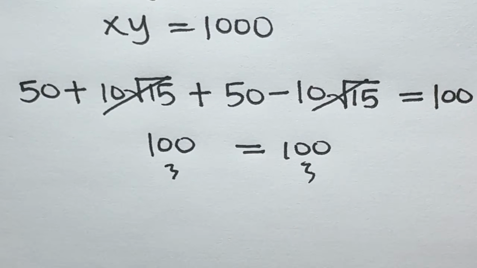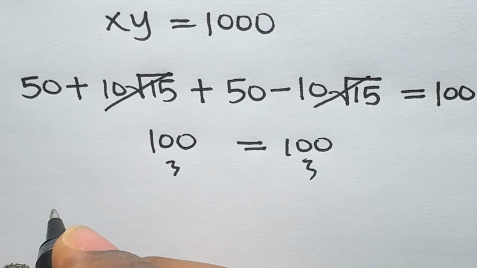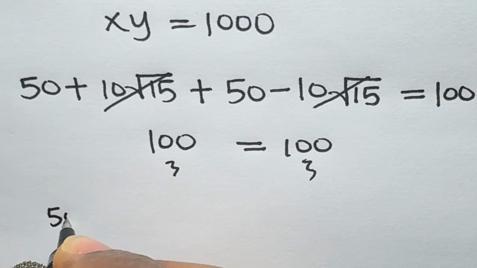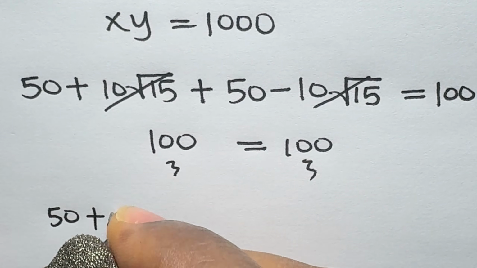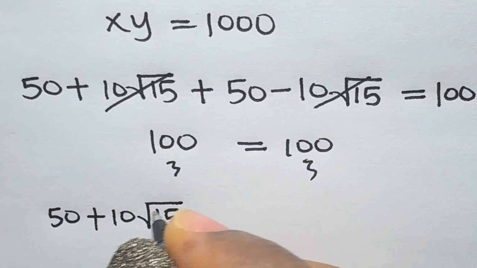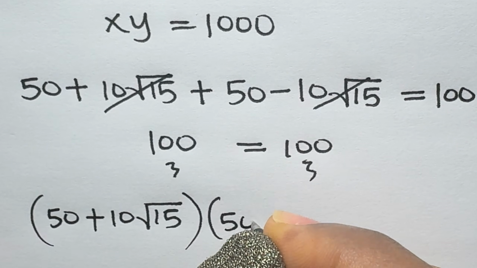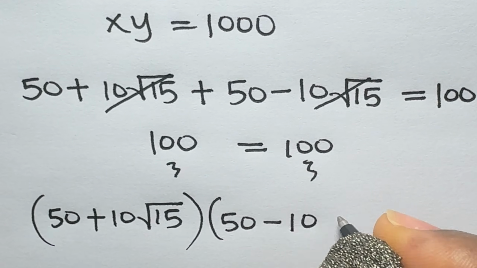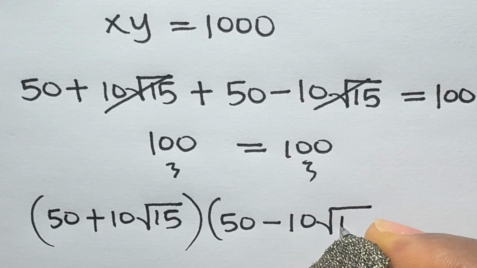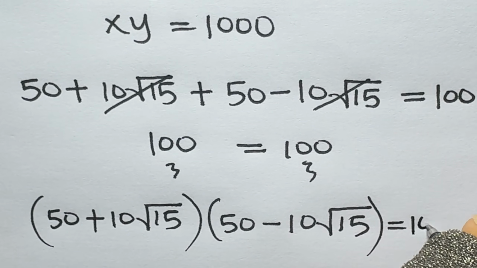Now let's do that for the product. So we have 50 plus 10 root 15 times 50 minus 10 root 15. If done correctly, this should give us 1000.